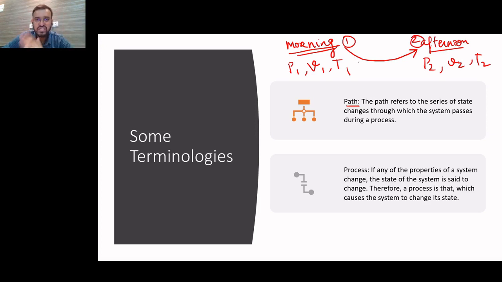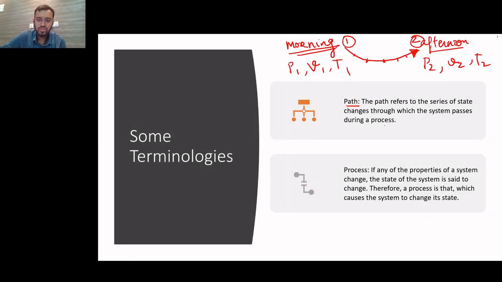It achieved a series of intermediate steps, somewhere here, somewhere here, somewhere here. All right. So a path refers to the series of states or state changes through which the system passes. Okay. So this is the path that the atmosphere took to achieve state 2 from state 1.